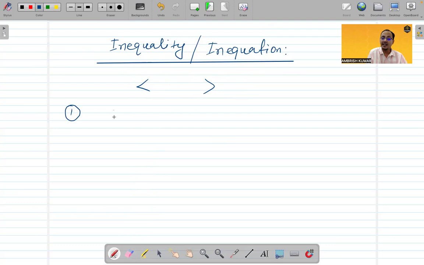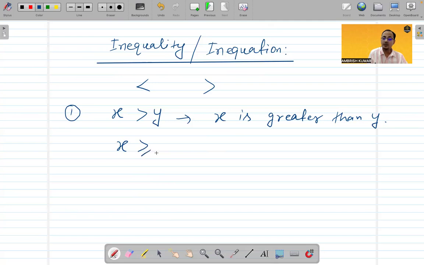If we write x is greater than y, we simply say that x is greater than y. But when we have the symbol greater than as well as this equality sign, this means x is either greater or equal to y.